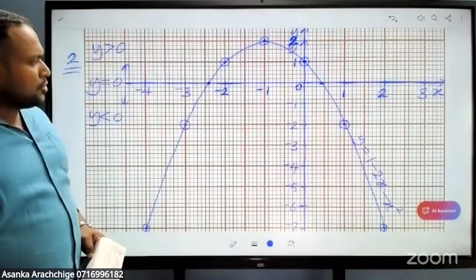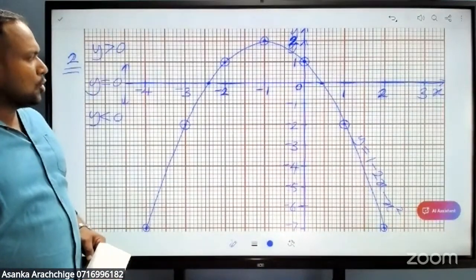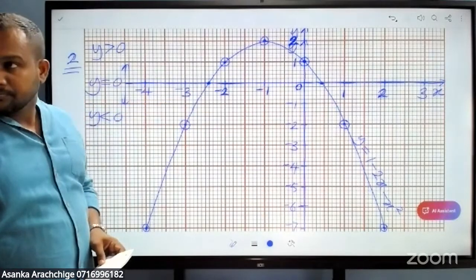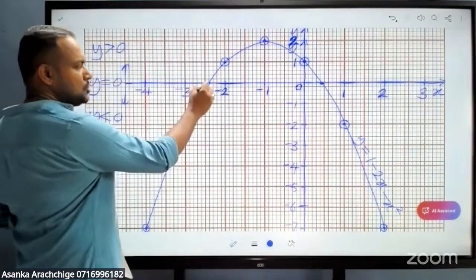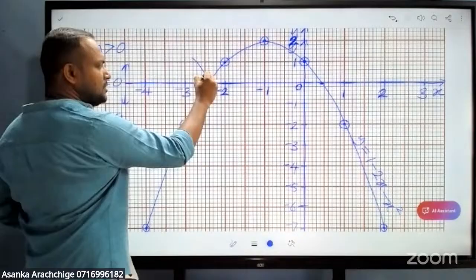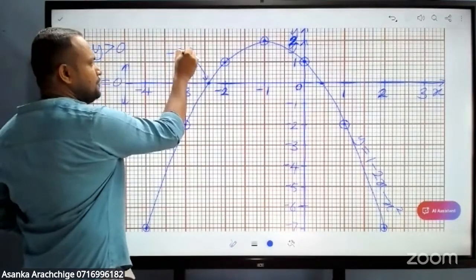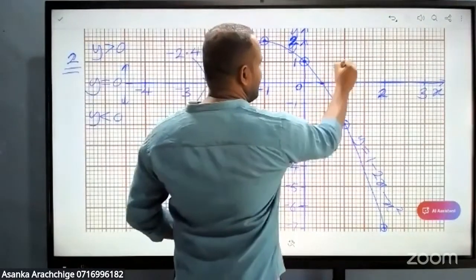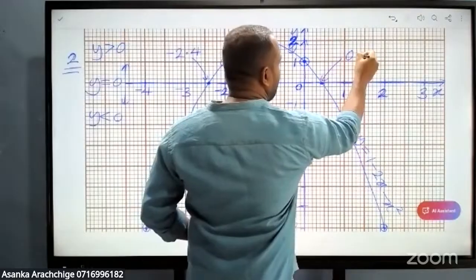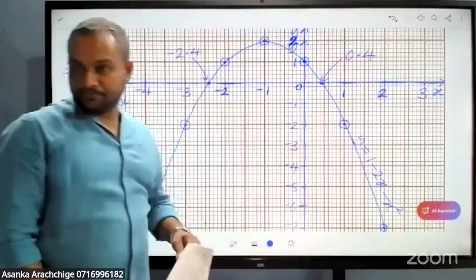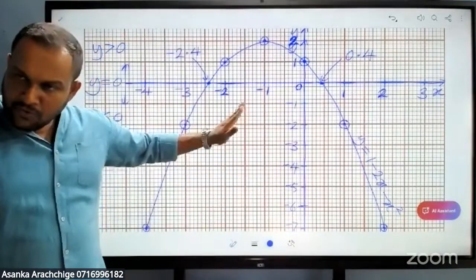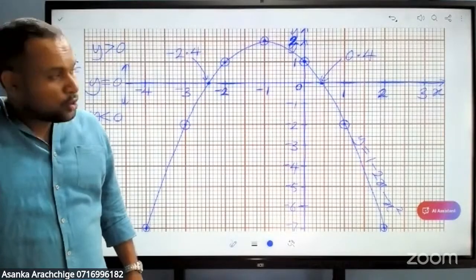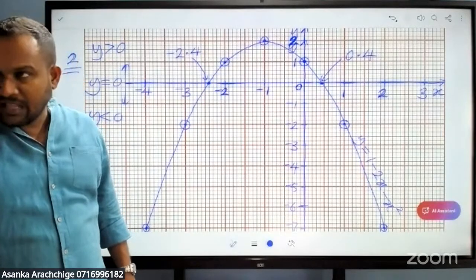According to my graph, this point is minus 2.4 and this is plus 0.4. Have you got the same values in your Cartesian plane in your graph?